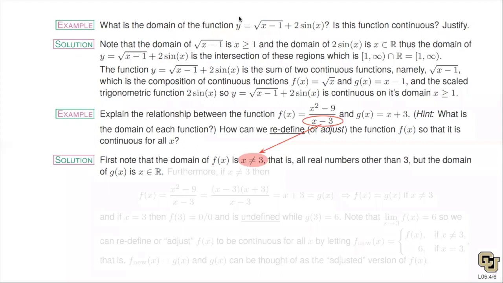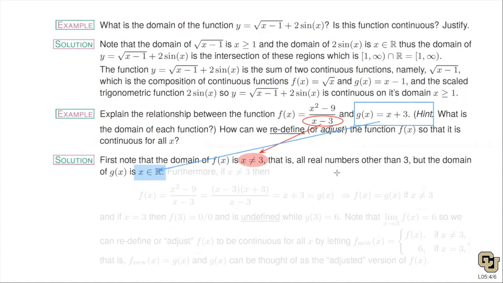For g of x, there is no domain restriction. g of x is a really well-defined function, and its domain is all reals.